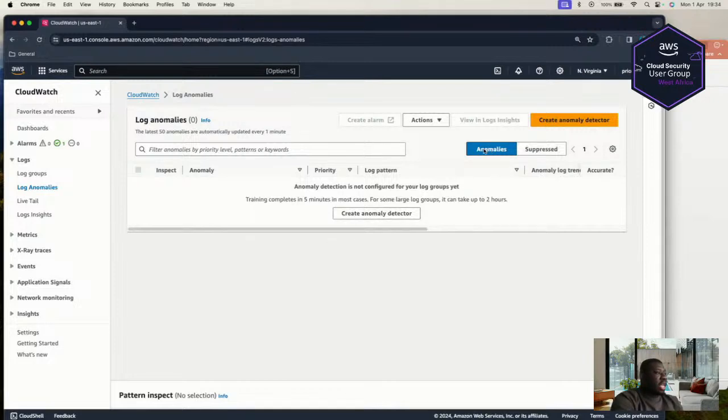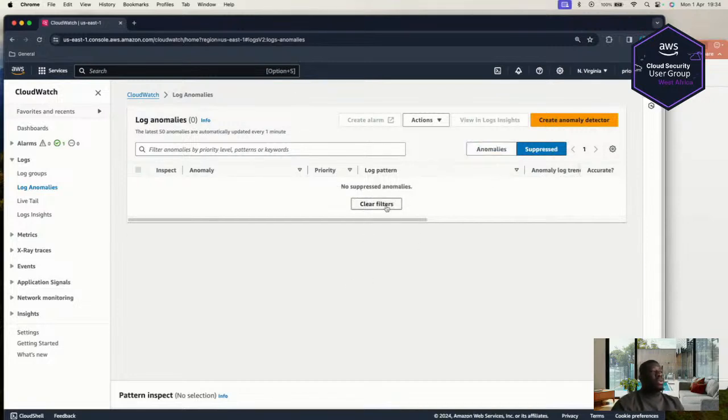And if for any reason you have some specific patterns which you feel are not a threat, you can decide to suppress those ones. Whenever you want to see the suppressed ones, all you need to do is click on the Suppress button to have that anomaly suppressed.